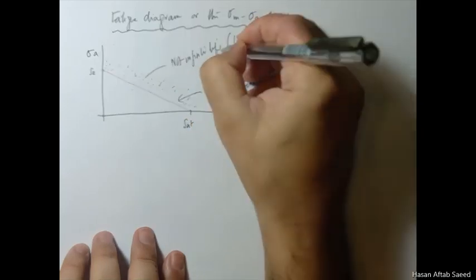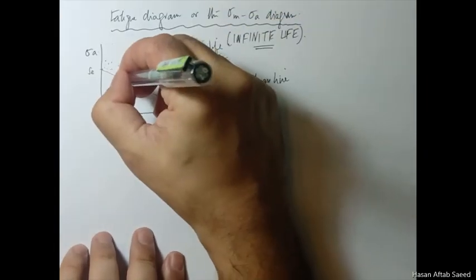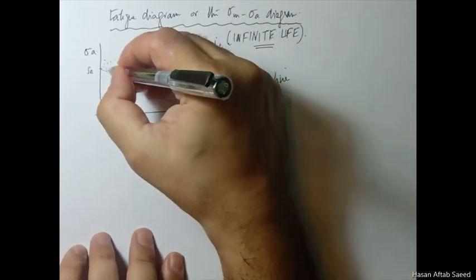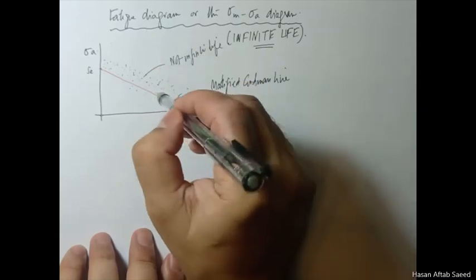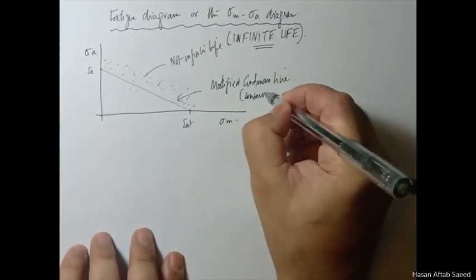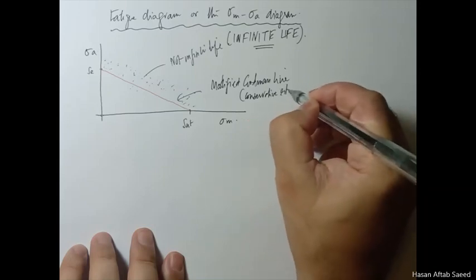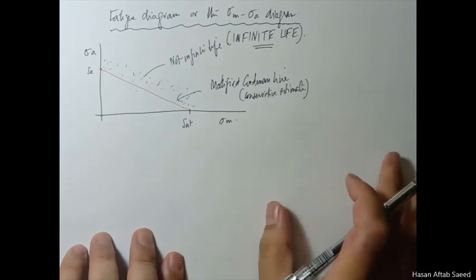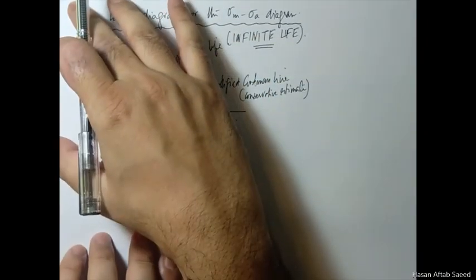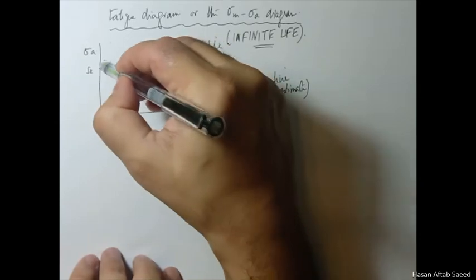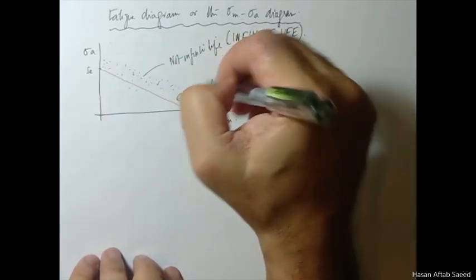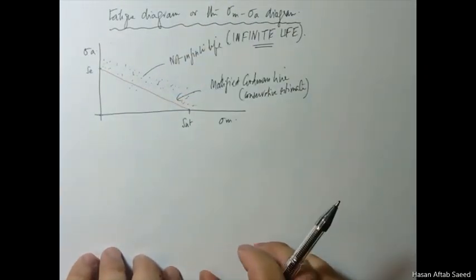They break. Some of them will be below here also, but this line is the lower bound. Most of the points are above it, so you can say that this is a conservative estimate. You could have drawn it slightly above also, because you can draw through the mean also, but this one is at the lower bound.